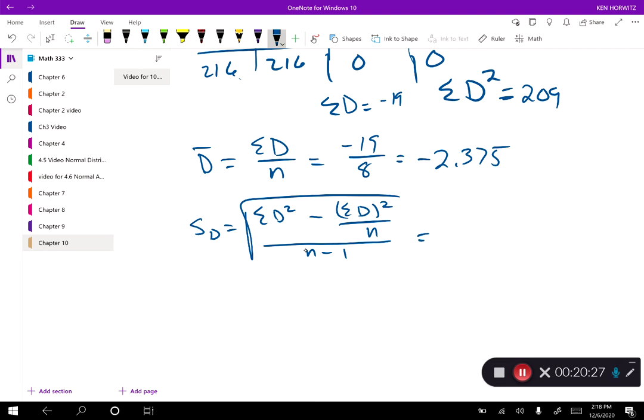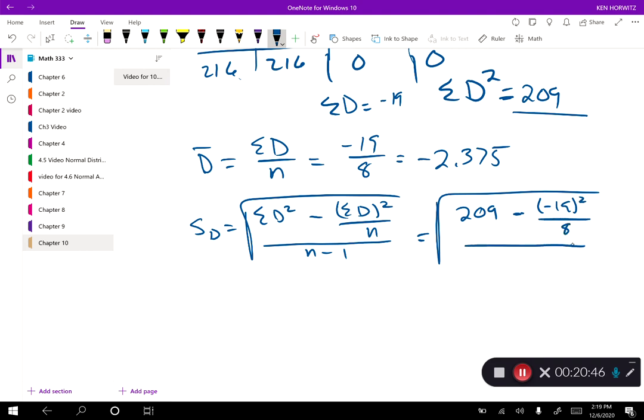So let's put in some numbers: the square root of 209, minus negative 19 squared over 8, divided by 8 minus 1, which is 7.